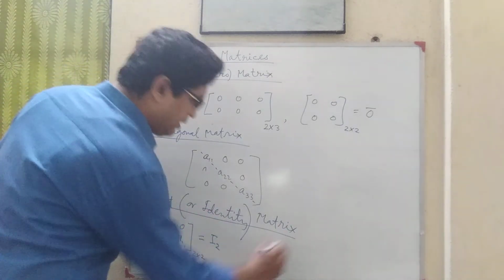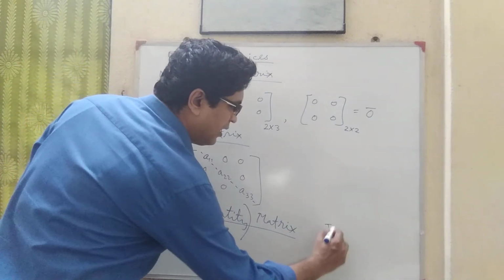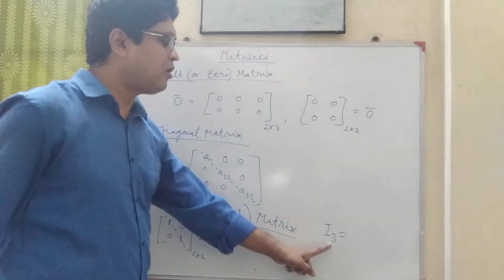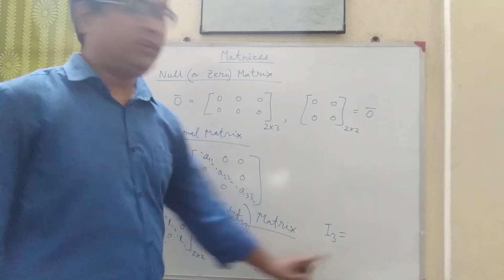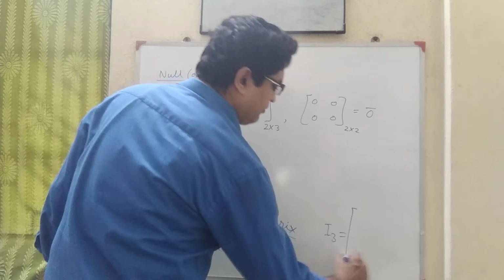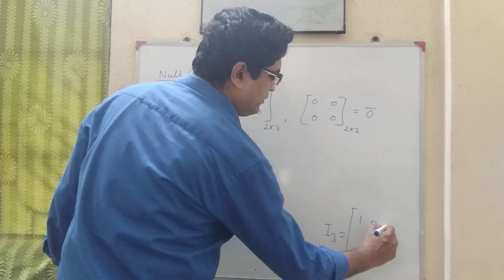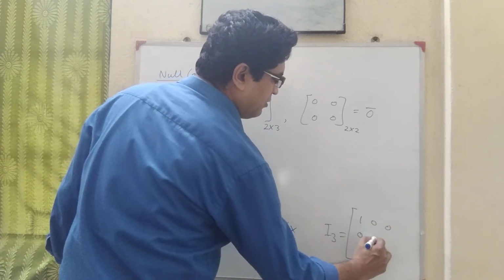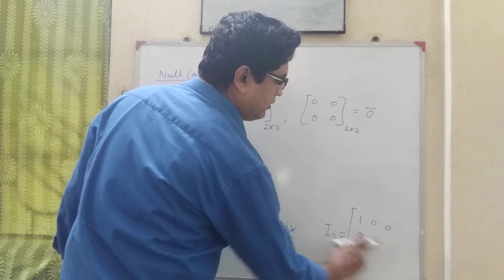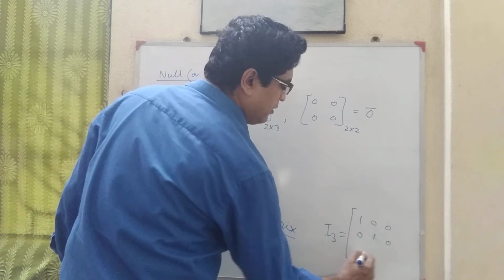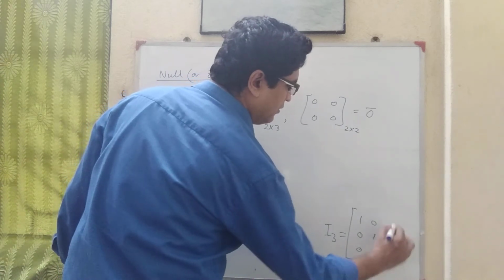Next, suppose I3. I3 means a third order identity or unit matrix. It will look like 1 0 0, 0 1 0, 0 0 1.